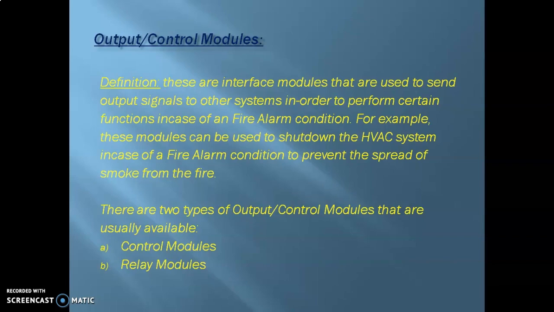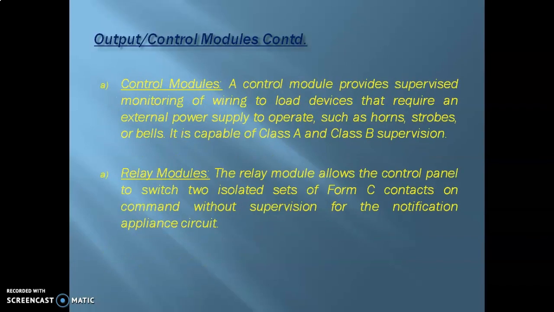For example, these modules can be used to shut down the HVAC system in case of a fire alarm condition in order to prevent the spread of smoke throughout the premises. There are mainly two types of output or control modules that are commonly used: A, the control modules, and B, the relay modules. Next, we will be talking about these two types in a bit of detail.